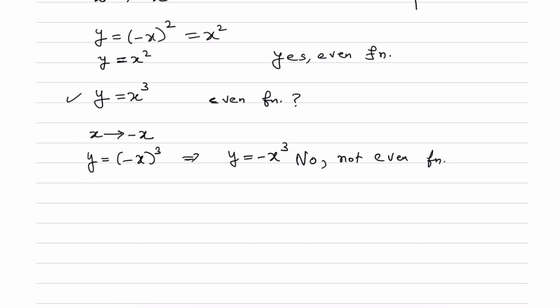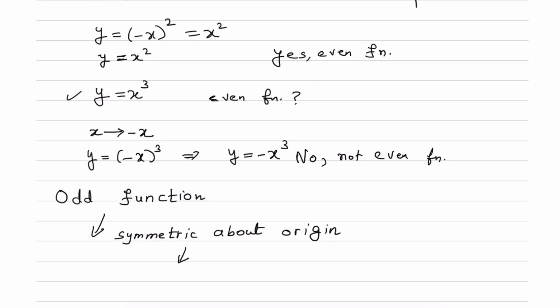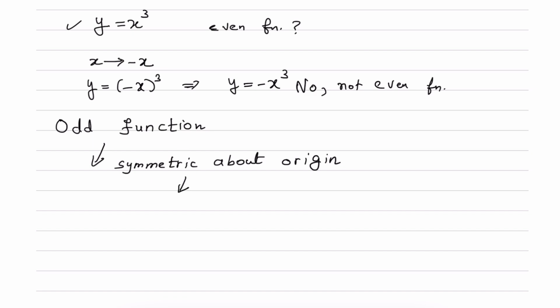So then what would be an odd function? An odd function is the one which is symmetric about origin. In the previous video, we saw what graph is symmetric about origin. How do you check if a graph is symmetric about origin?